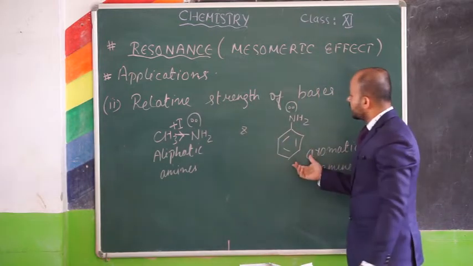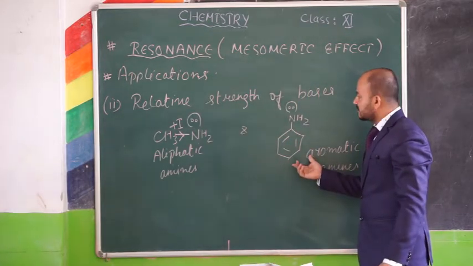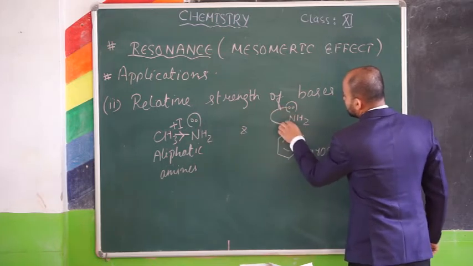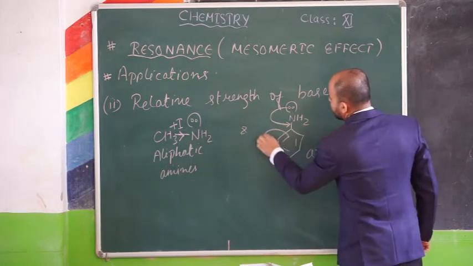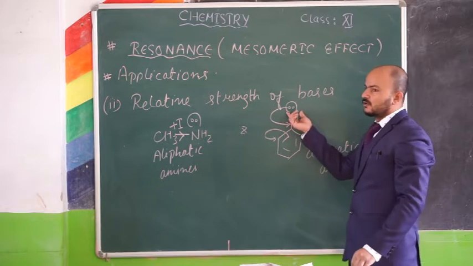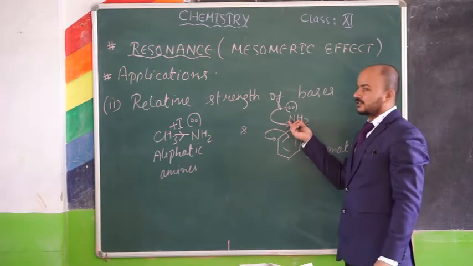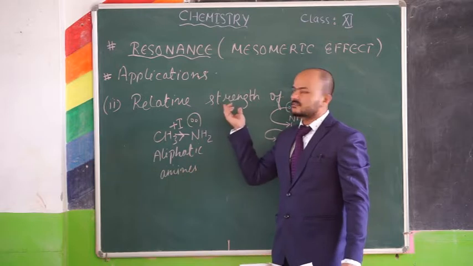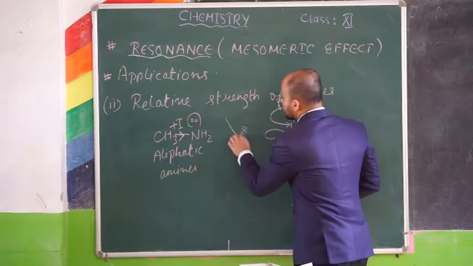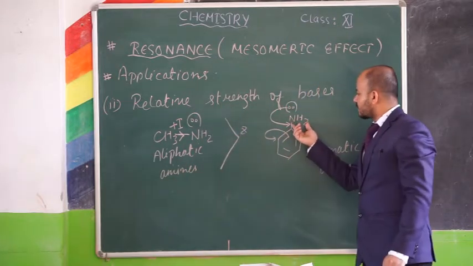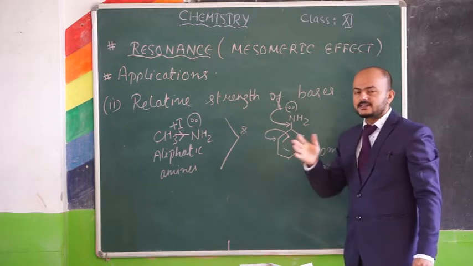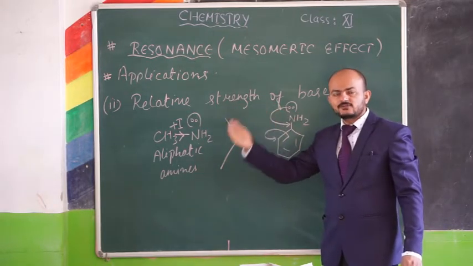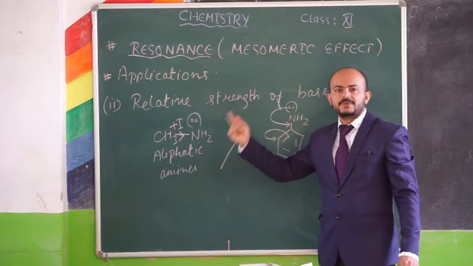Whereas in the case of aromatic amines, the lone pair over nitrogen takes part in resonance and is not available. Because of this, the basic strength of aliphatic amines is always greater than that of aromatic amines. For basic strength, the more easily the electron can be donated, the more basic.